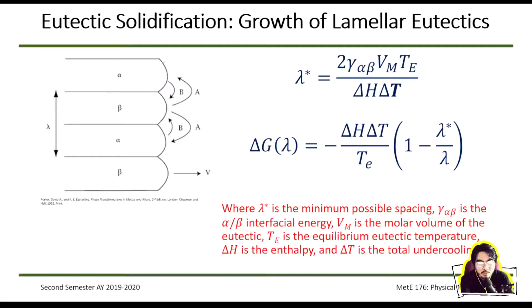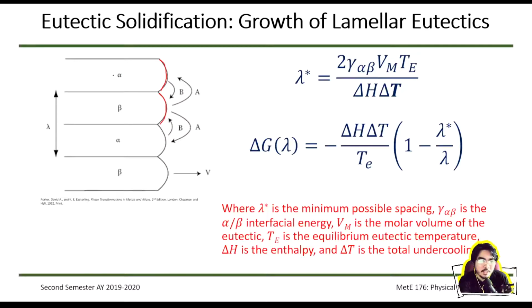If you isolate two solidification fronts, like this and this, your beta is a B-rich phase, so it rejects A solute, and the A solute will be absorbed by the A-rich phase, which is the alpha phase.